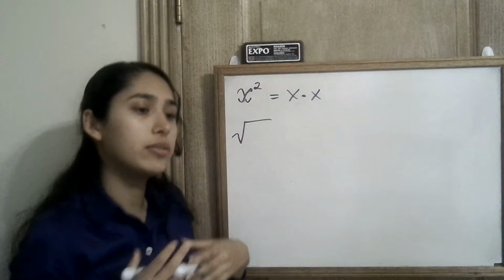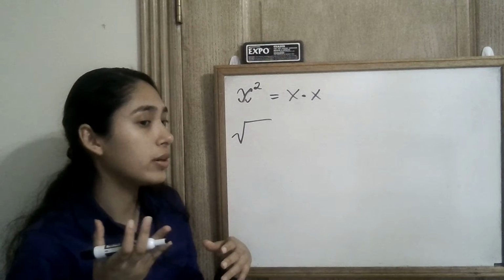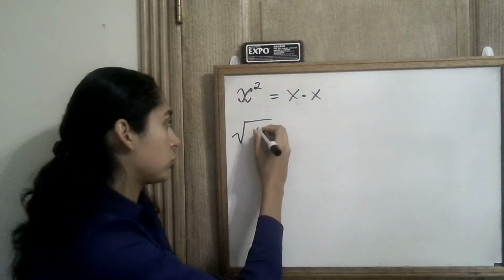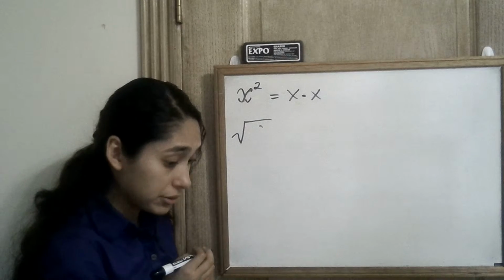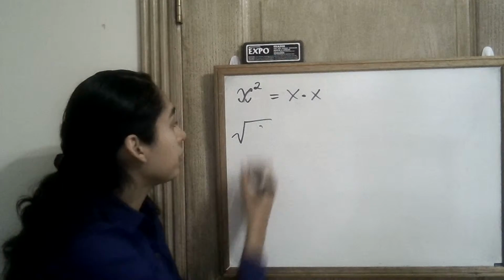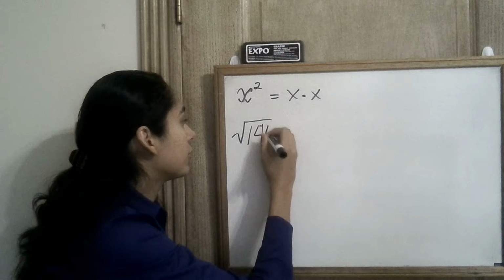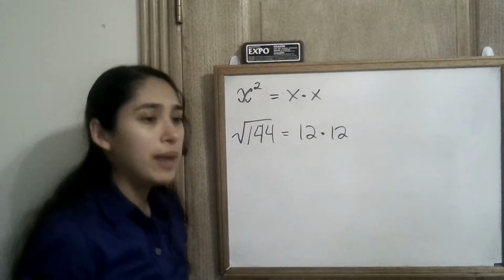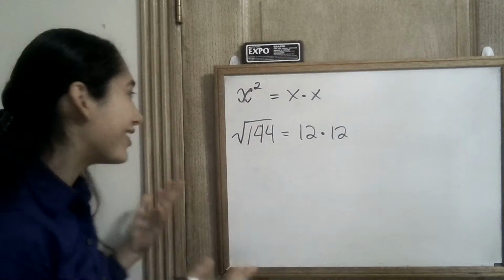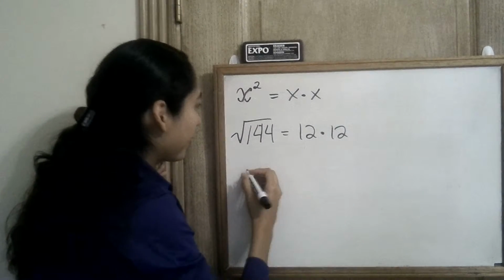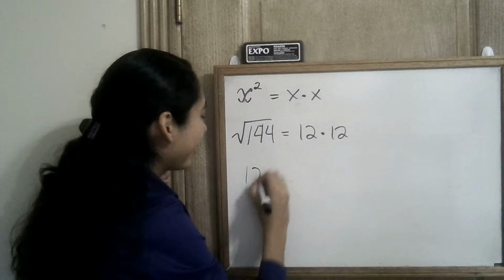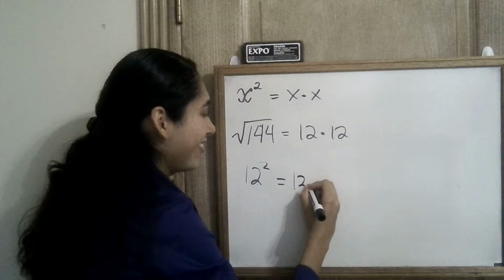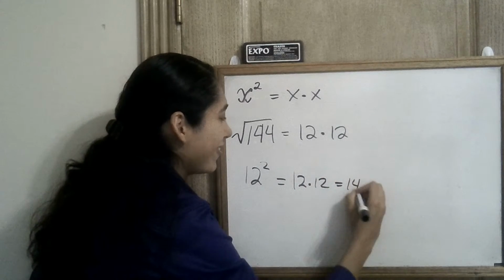So let's think of a number times another number that is yet another number. The square root of 144 is equal to 12 times 12. So I'm actually doing it backwards. Isn't that amazing? Because 12 squared, 12 times 12, is 144.